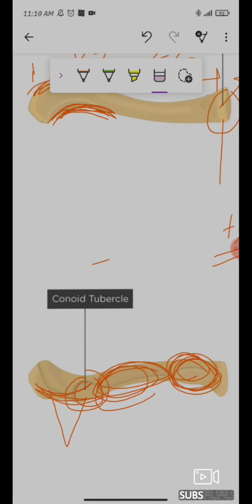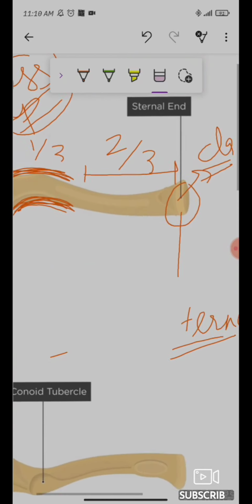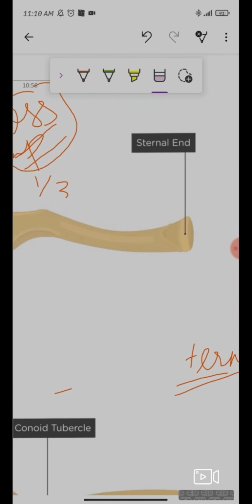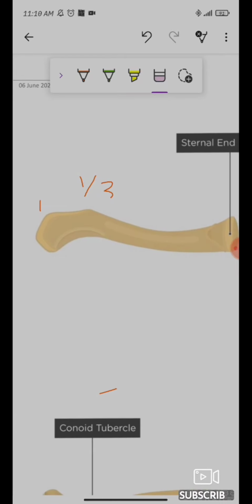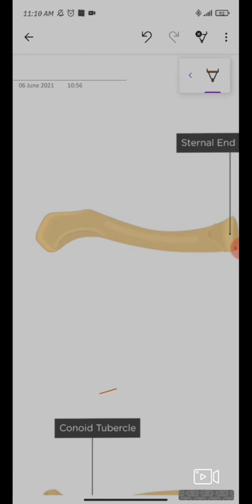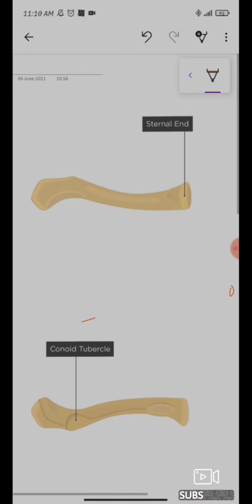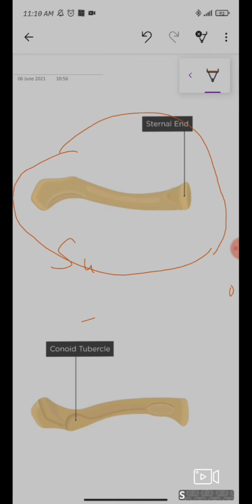Now we will talk about muscle attachment to clavicle. What are the muscles attached to clavicle? First of all, we will talk about the superior surface. This is the superior surface.